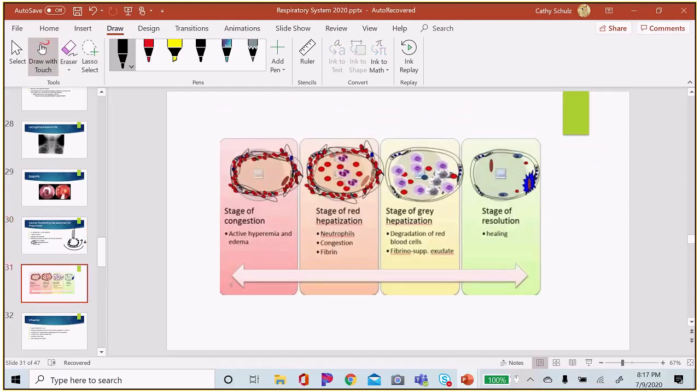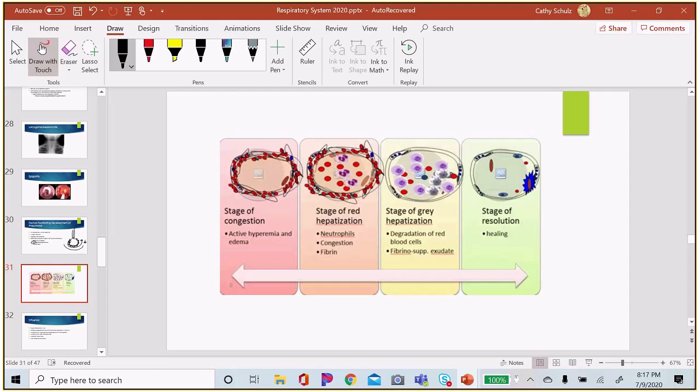This is the stages of congestion in the lungs with pneumonia. So it's like, say you're looking at a cross section of an alveoli. First, you have, just like we talked about, the vascular phase where there's edema and redness, and then we have what's called the stage of red hepatization, meaning that we're getting more of those neutrophils and congestion.